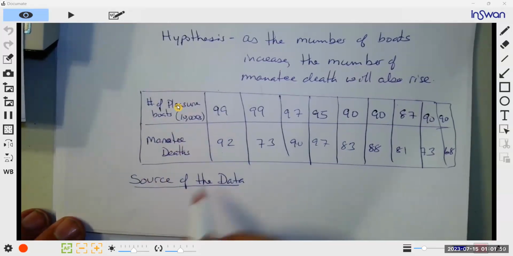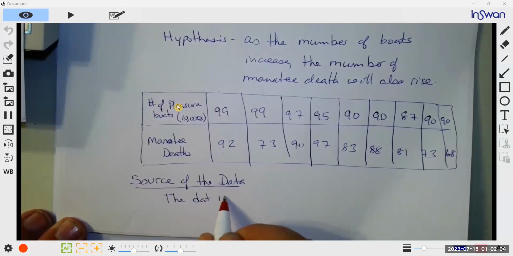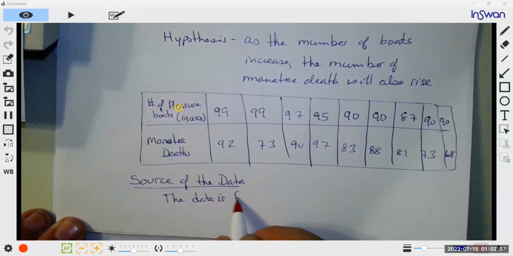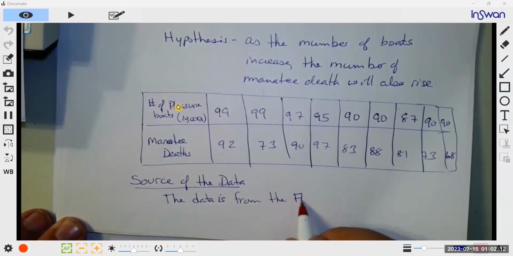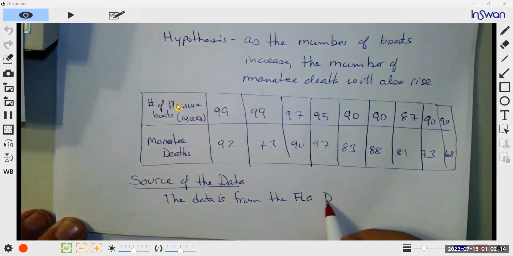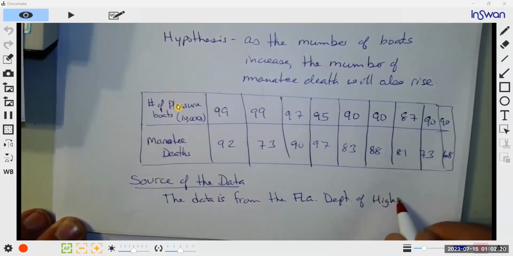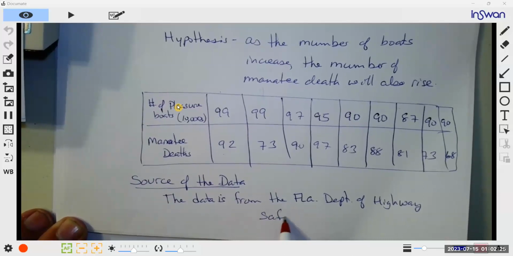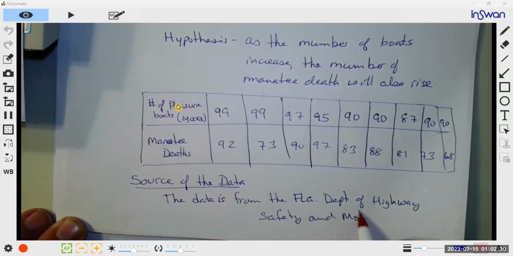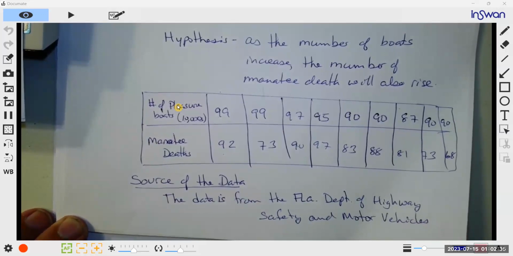But for this data, it is from the Florida Department of Highway Safety and Motor Vehicles.